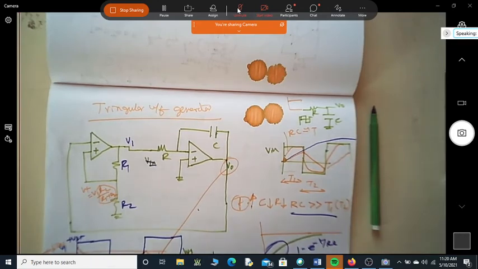Meaning that it will charge quickly or it will discharge quickly. So it will happen fast. Correct? What is the impact of R1, R2 on the frequency? What is the impact?